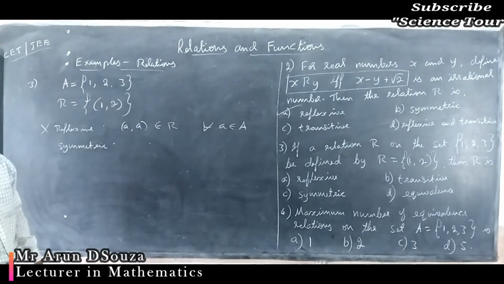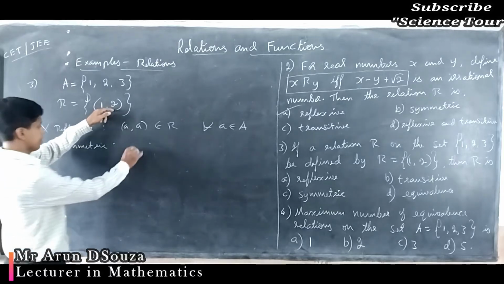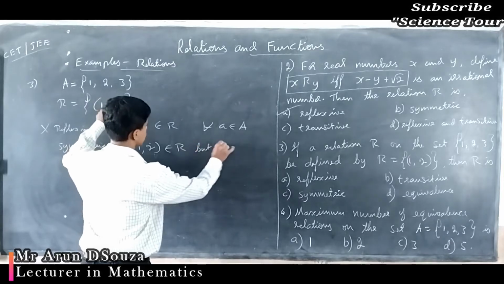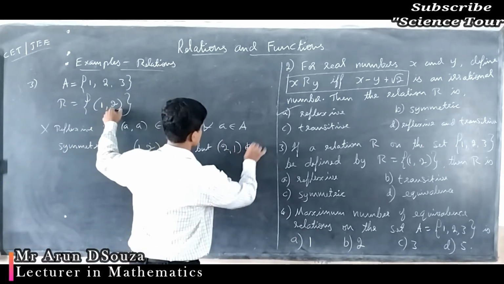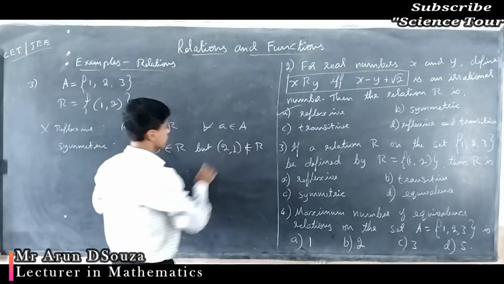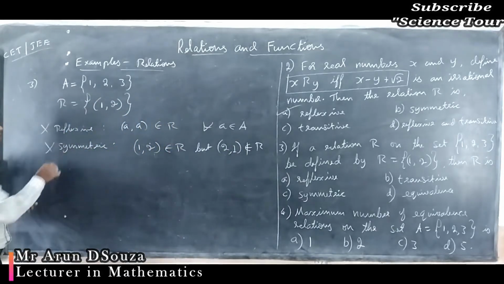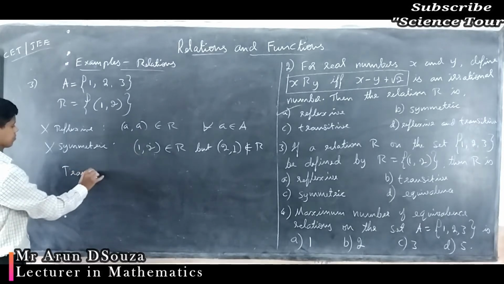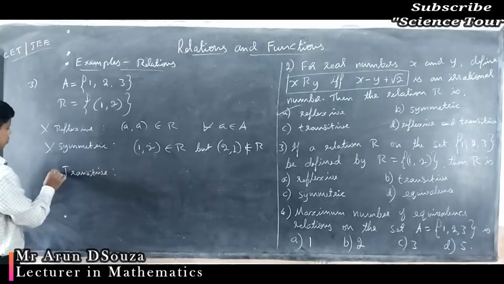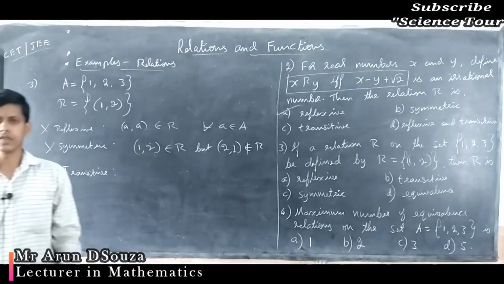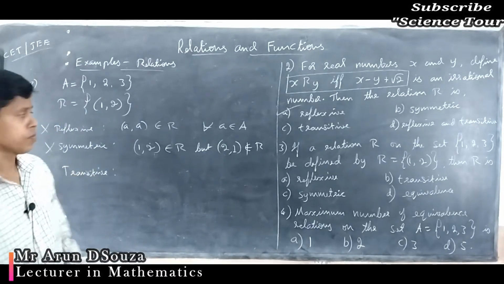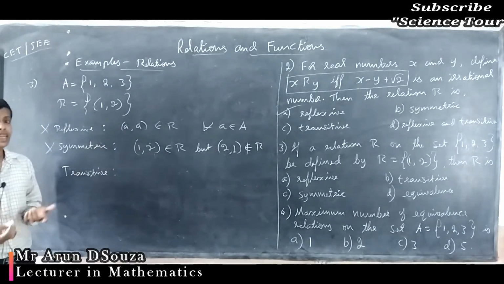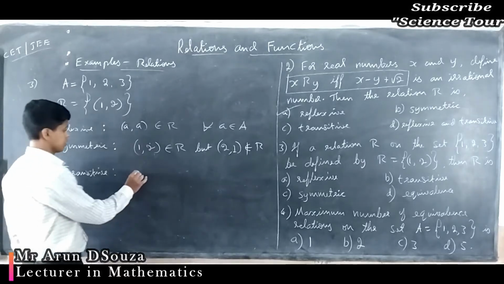What about symmetric? Symmetric, if 1 comma 2 is present, then you must have 2 comma 1, but now 2 comma 1 is not there. So that example is sufficient to say that it is not symmetric. What about transitive? See, this is interesting. This is where most of the students are not convinced about the answer. So please understand this. When do you say it is transitive?